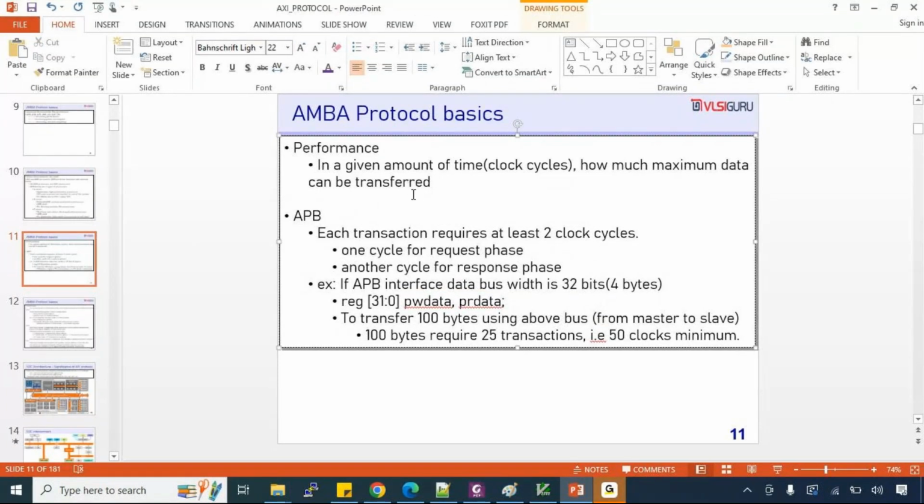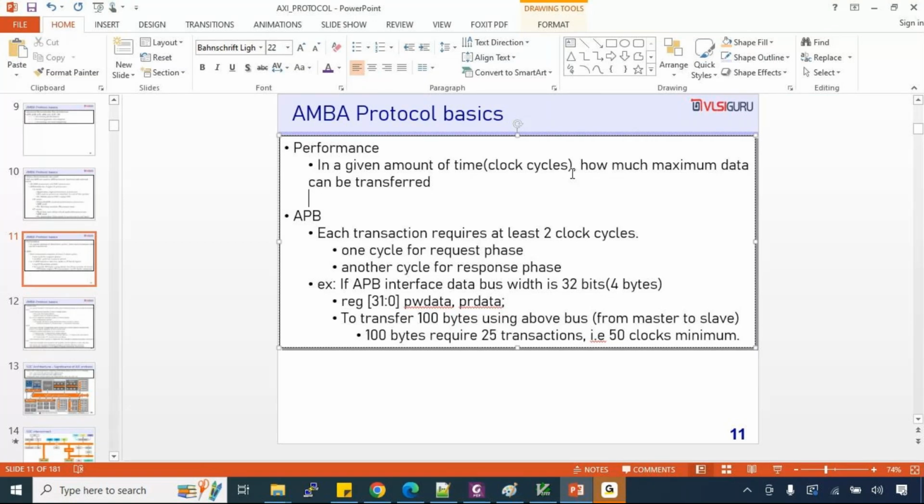One of the things was based on performance. What is meant by performance? Basically, in a given amount of time, that is, in a given number of clock cycles, how much maximum data can be transferred is the performance, right? The more you can transfer, the better the performance. The less you transfer, the lower the performance.